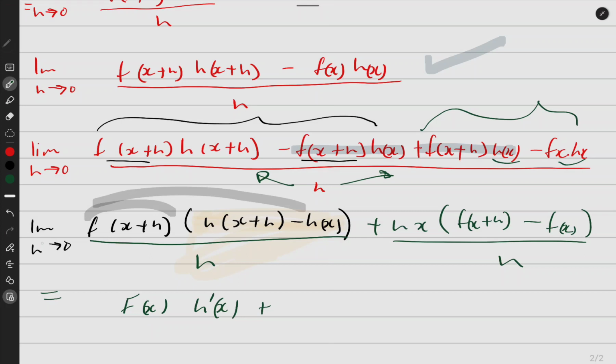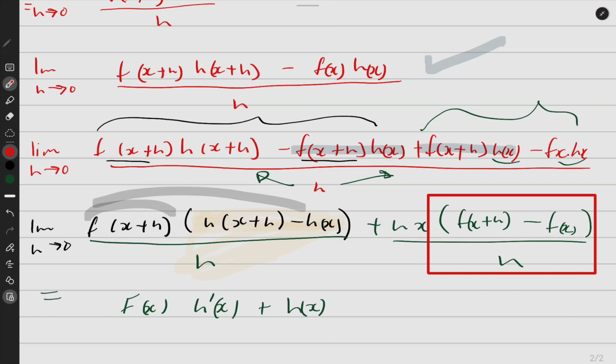Okay, if we're taking limits as h approaches 0, there is no h here, so h of x won't change. It's more like a constant. Let me just put it outside. And here, if I'm taking this as h approaches 0, this is the same as taking the derivative of this. So I'll have plus on a plus.